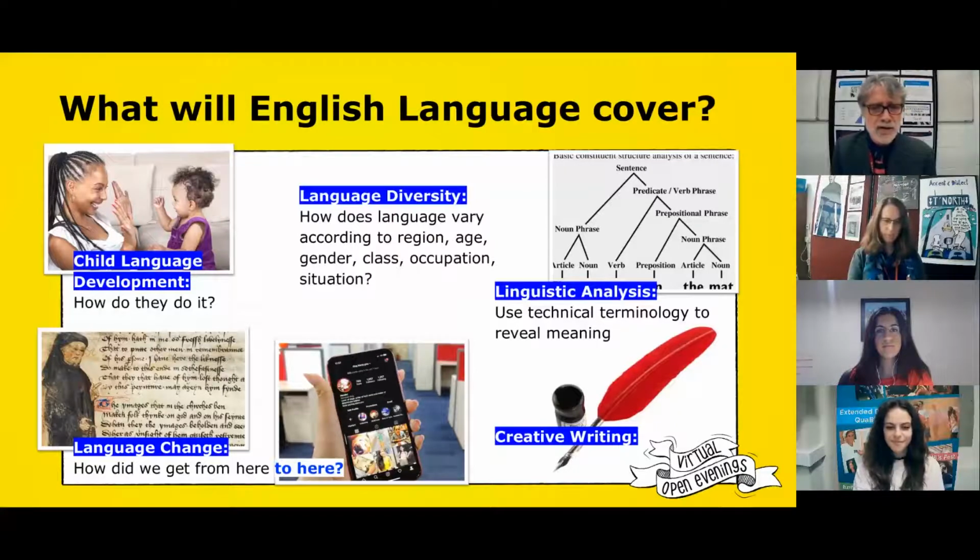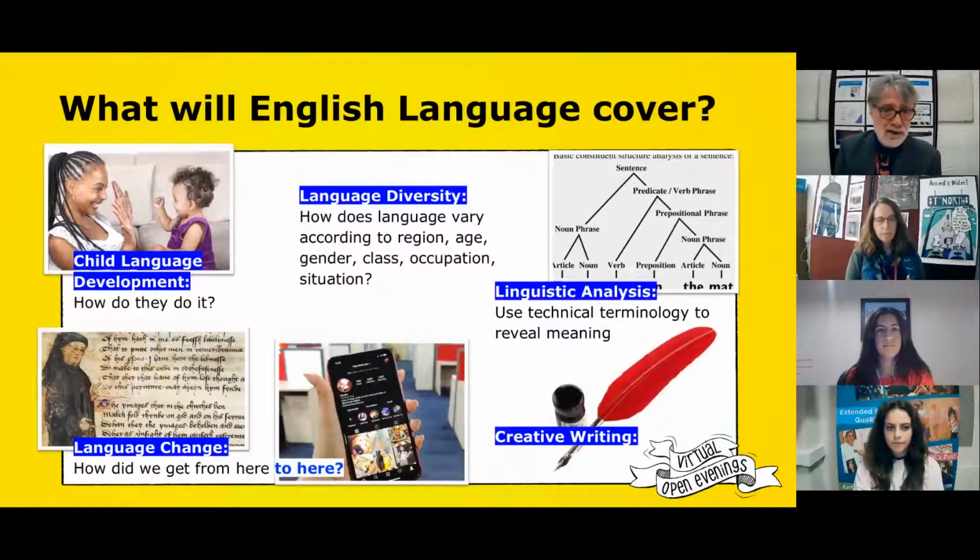Right, now I'm going to move over to the left-hand side of the slide, where we've got a couple of pictures to illustrate the language change topic. So we look at the way the English language has changed over time, and indeed how it's still changing right now.